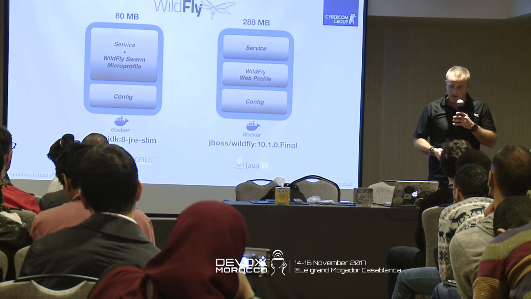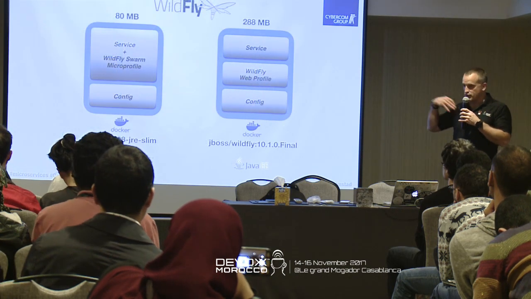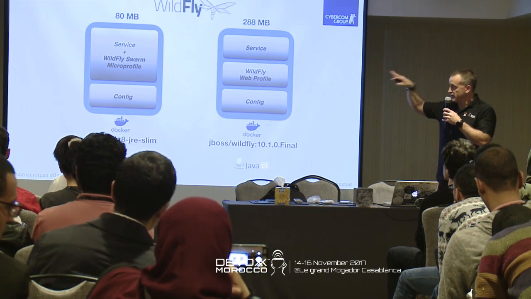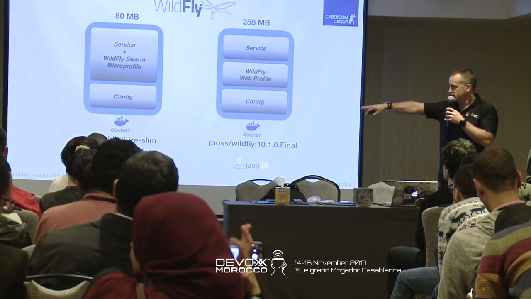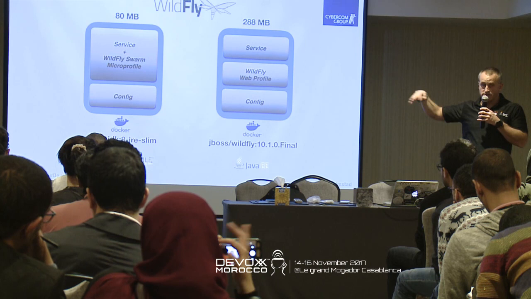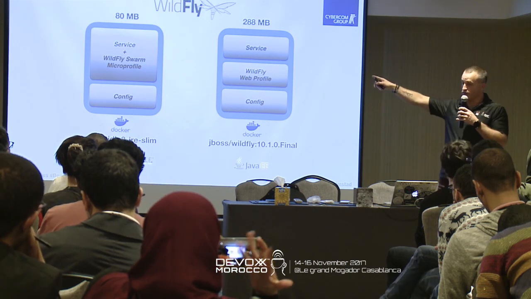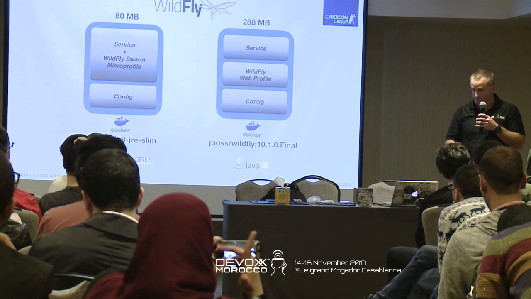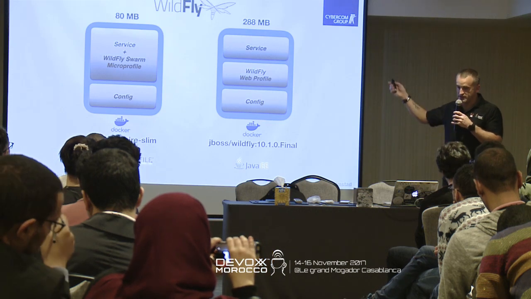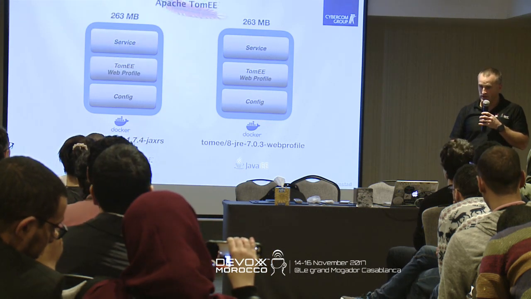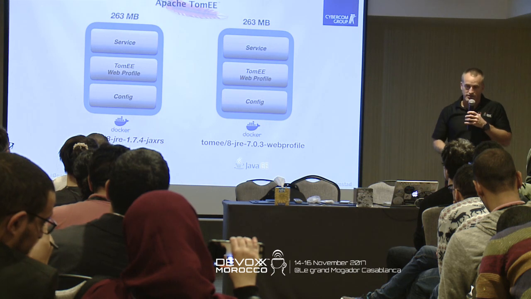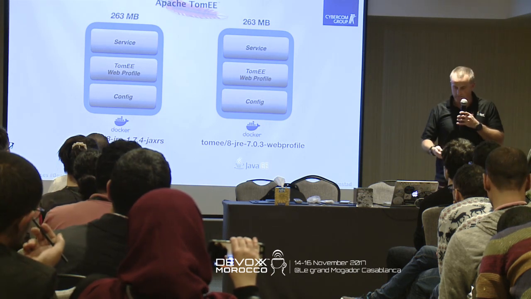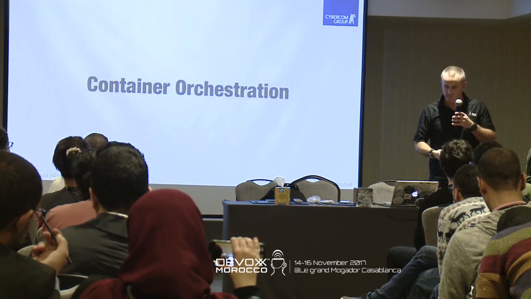For WildFly Swarm, it generates a jar for you, so you're running on the JRE. This is the OpenJDK slim version, so this is similar to what you would do with Cumulus, for example. And WildFly is about the size of Liberty. Tomee also is about 200. It's about the same size as all of them.